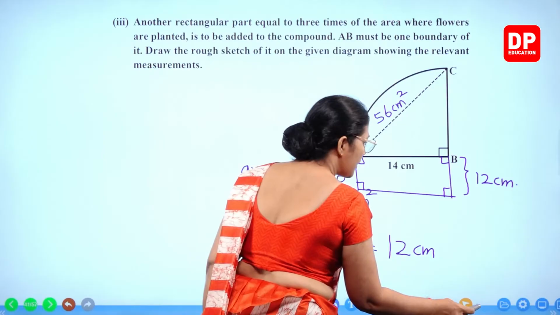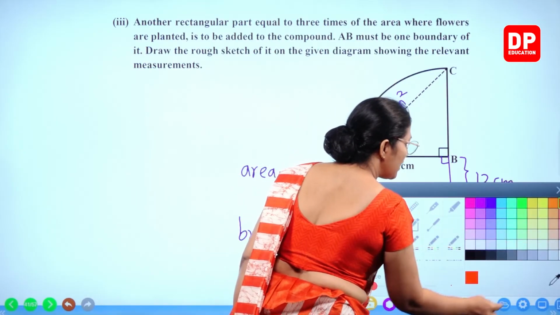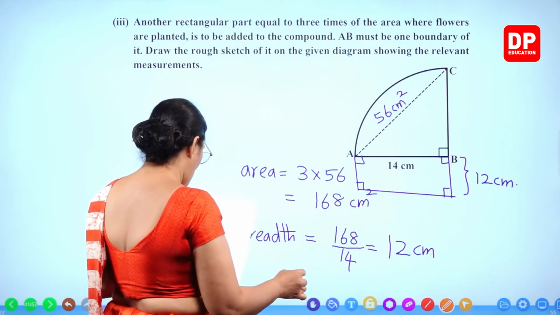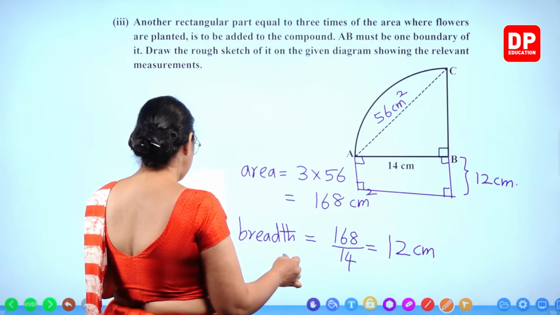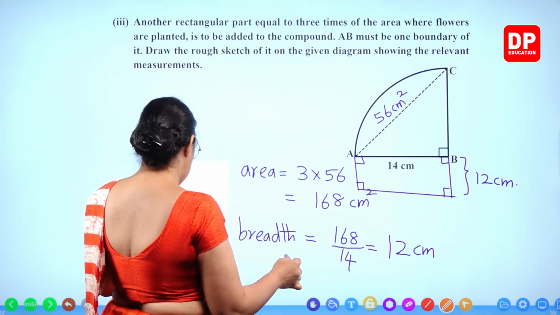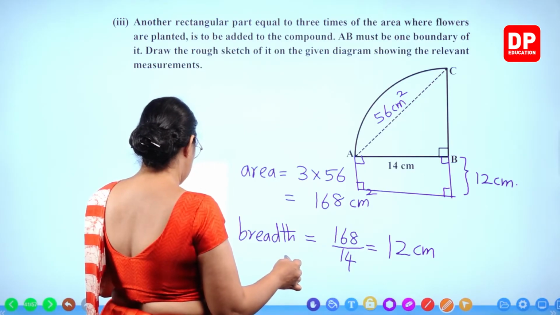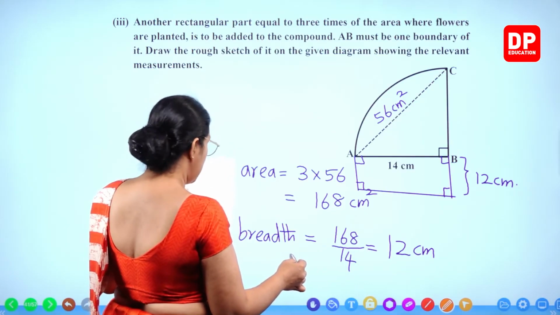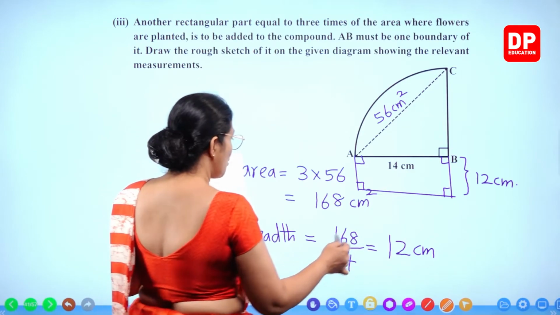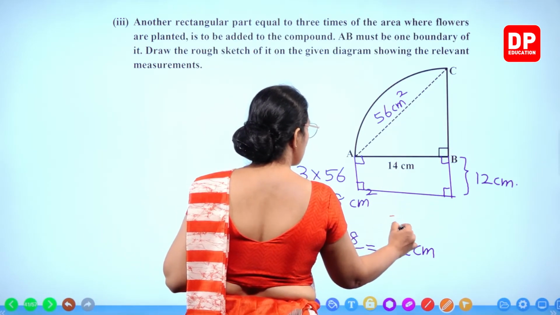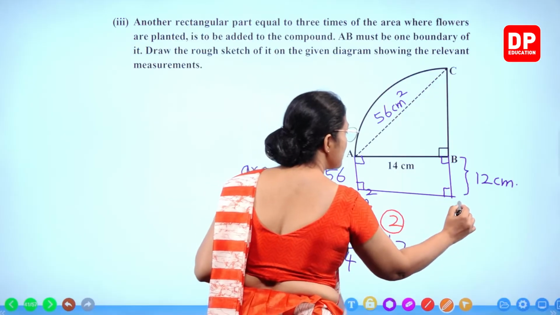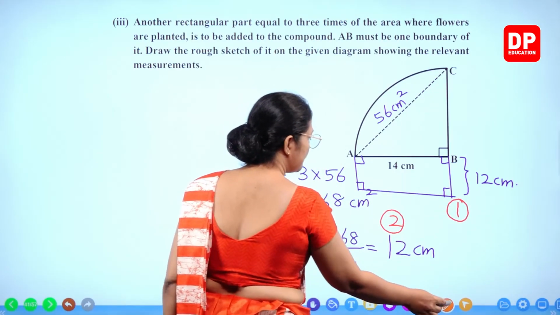So you have to mark it on the diagram to get marks there. You get 3 marks for that: finding the breadth, that's 2 marks, and drawing this on the diagram, 1 mark.